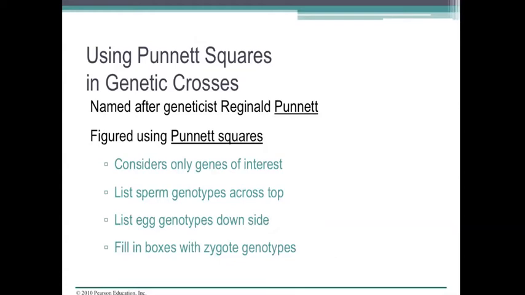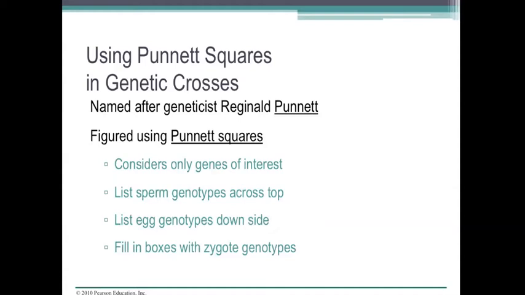So when we do a Punnett square, you're looking at one parent and another parent, so a sperm and egg, and we're looking at the gametes. And we only look at the genes of interest. We're not looking at all the genes the person has. So in this case, we're going to start off with one gene from each parent, and that makes it a monohybrid cross.